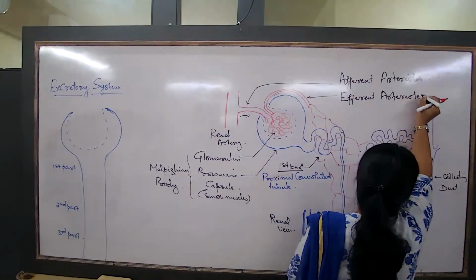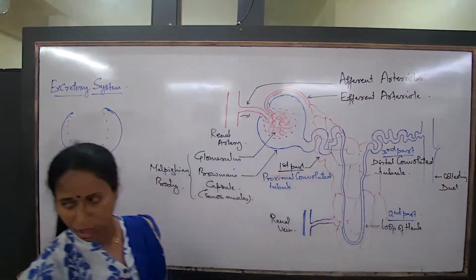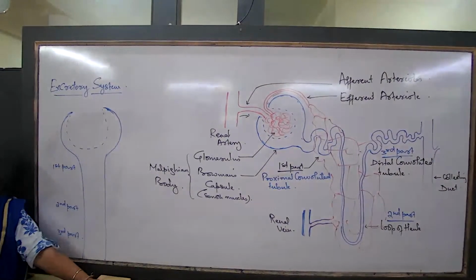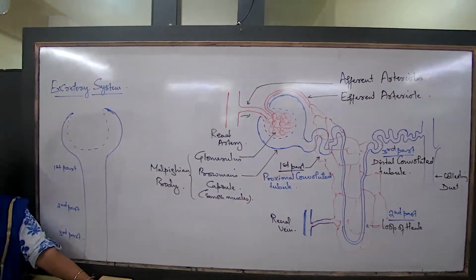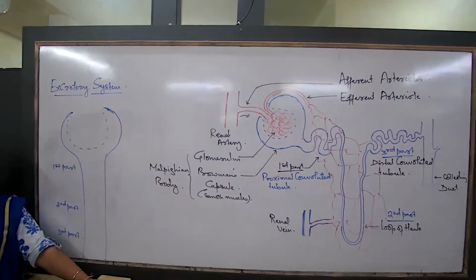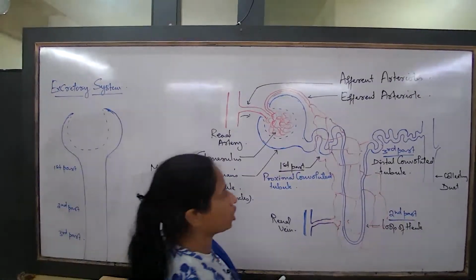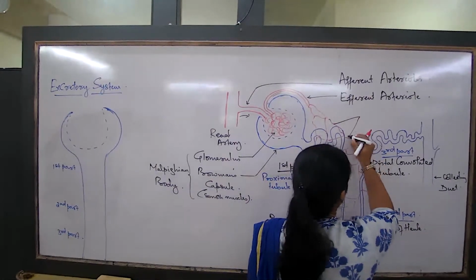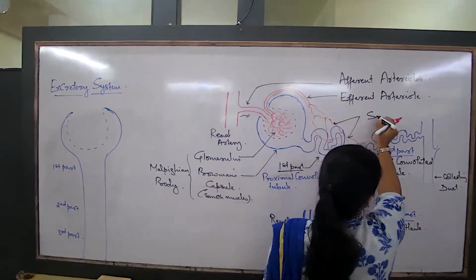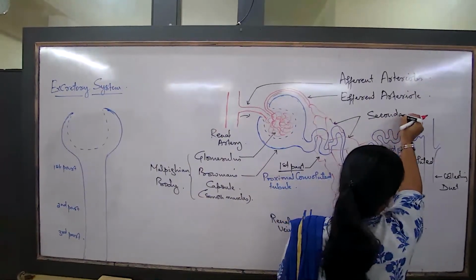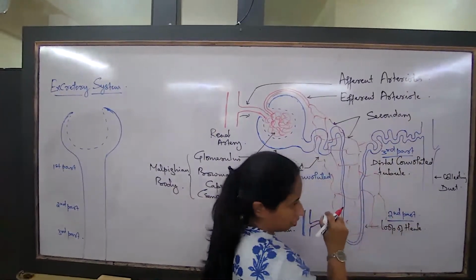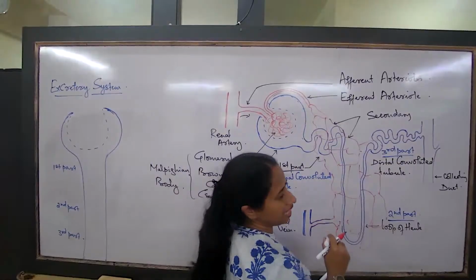Now, can you find out a difference between the afferent and efferent arteriole? Is there any structural difference between the afferent and efferent arteriole that you can make out? Afferent is broad, and efferent is narrow.